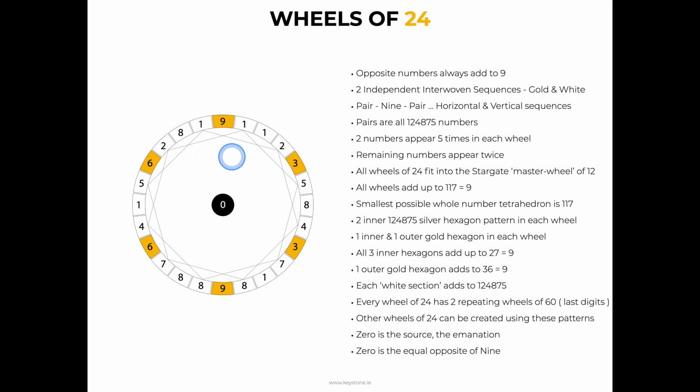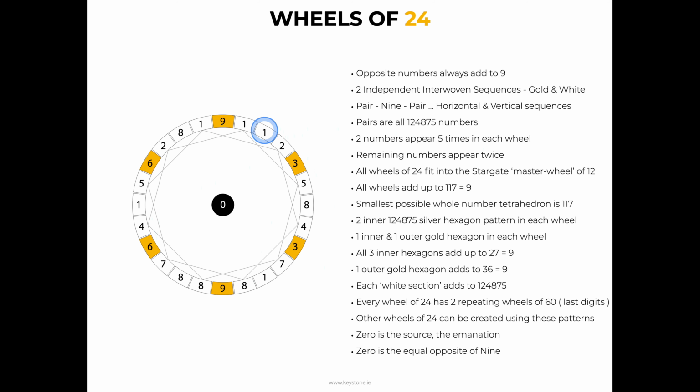You will also notice this is where the pairs are found: pair of 1s, pair of 2s, pair of 5s, pair of 4s, pair of 7s, pair of 8s. And in between is where we get our 9s. 8 and 1 is 9, 6 and 3 is 9, 1 and 8 is 9, 6 and 3 is 9, 8 and 1 is 9, and then of course we've got 9 and 9 in the crown positions.